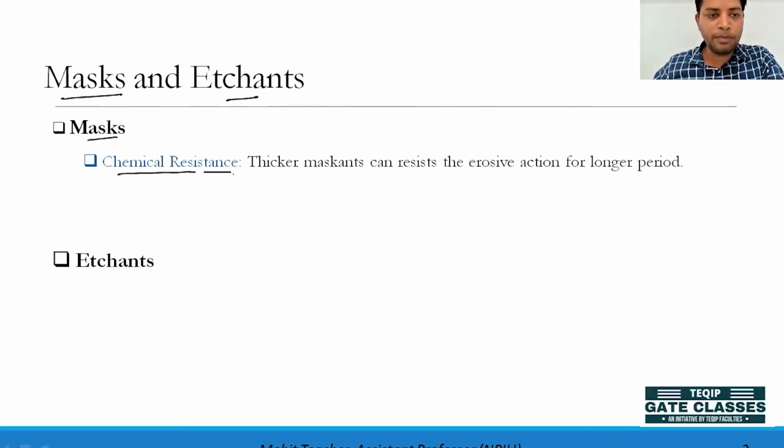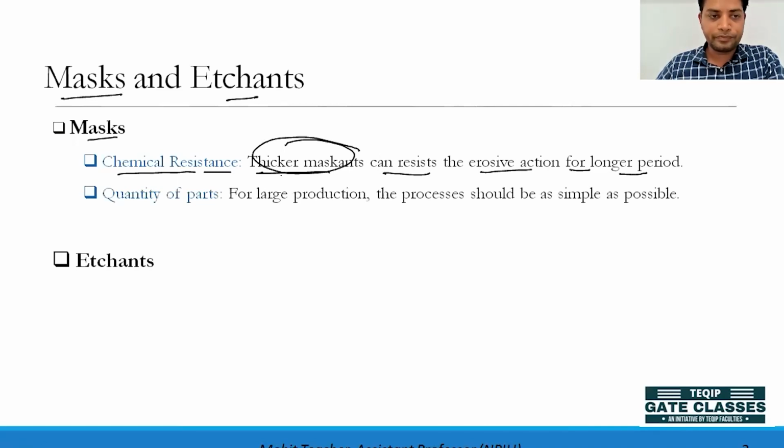So we have to keep that in mind, and for that, thicker maskants can resist the erosive action for a longer period. So if we have to prevent this removal of the material from the mask by the chemical action, then we have to use a thick mask. The quantity of parts: as I said, we are just using the chemical solution in the container, we are filling that.